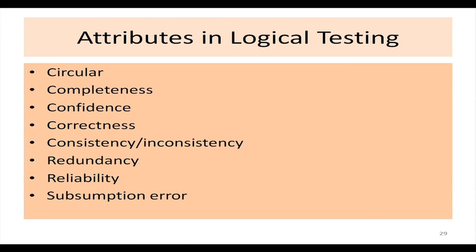Since the knowledge management system is cyclical in nature, you make sure that at each and every stage you test the validity of the system, and then make sure that it is complete. Completeness: it must be complete in itself. And then confidence: those who are using the system must be confident that the system is good and relevant, and they can make use of it. There are several other issues related to confidence, such as privacy.